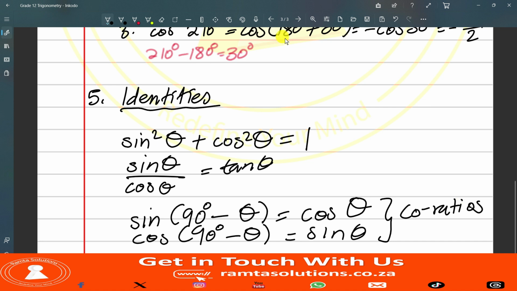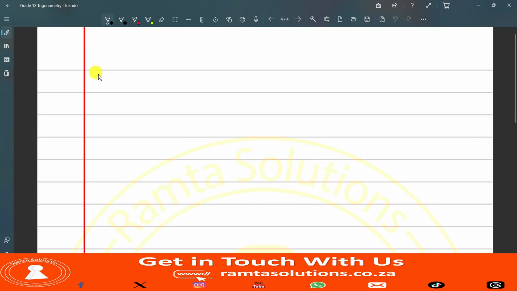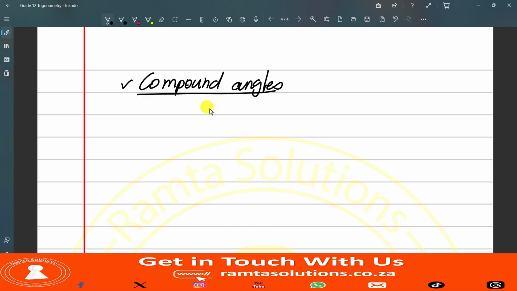Now let's introduce ones for grade 12. For grade 12, you then introduce compound angles. They are sine, let's say, I've been working with theta.